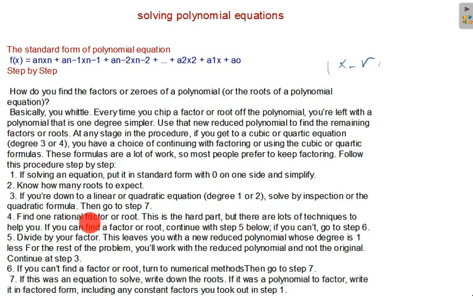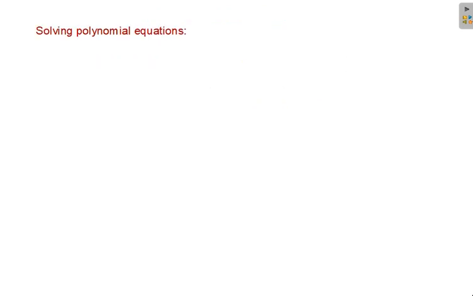First thing we have to evaluate a factor, the first factor, then divide the polynomial equation by the factor and keep going down. Let's have an example to understand the method. Let's take this example.